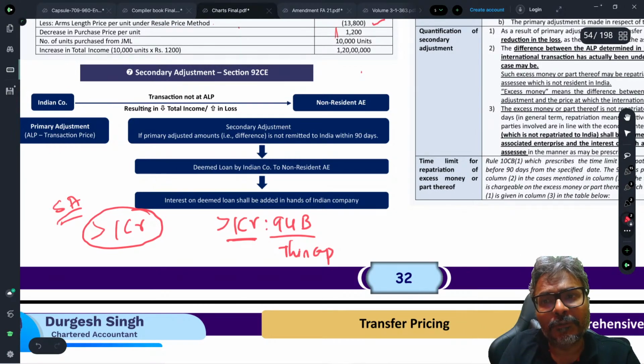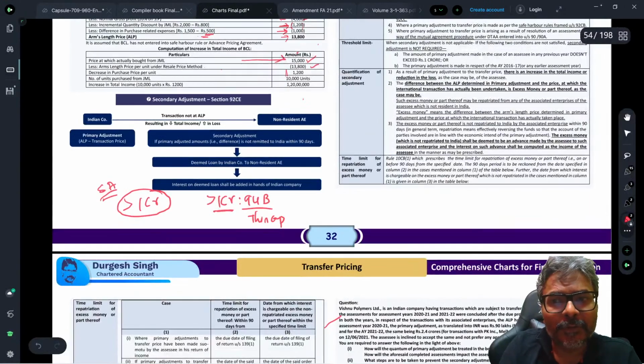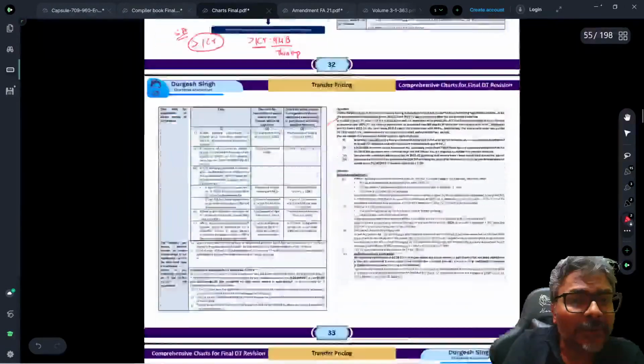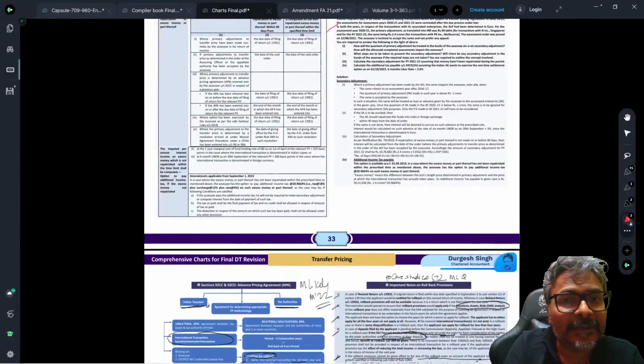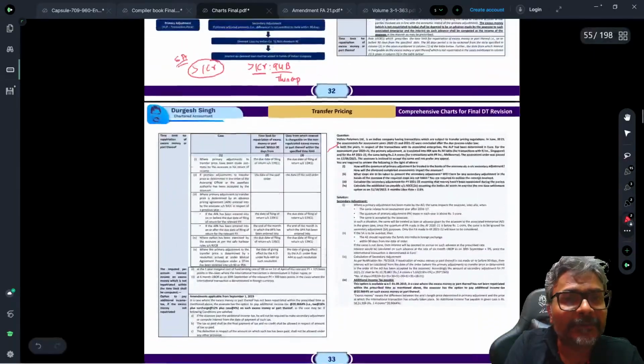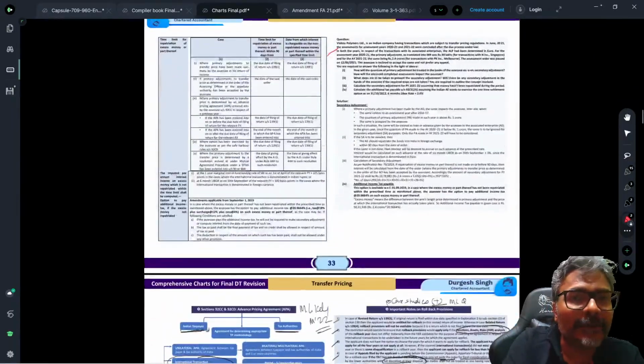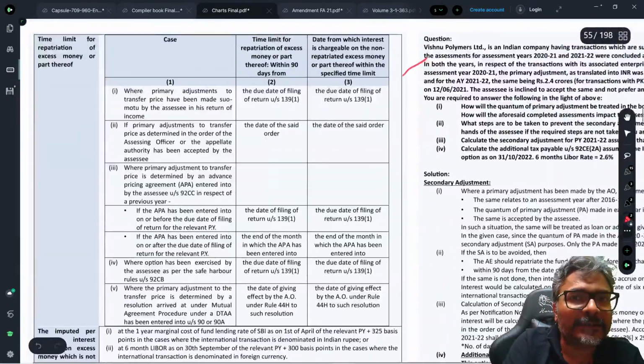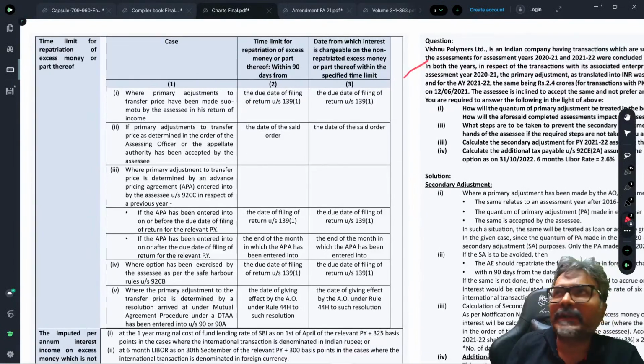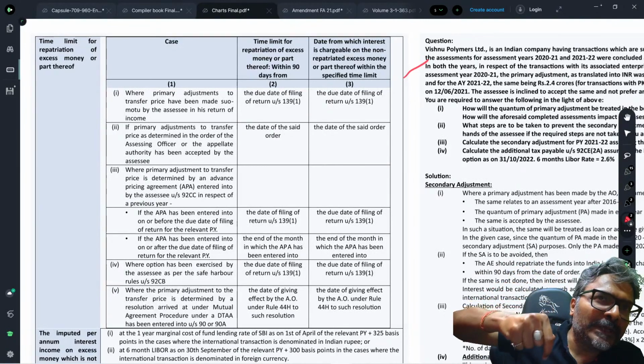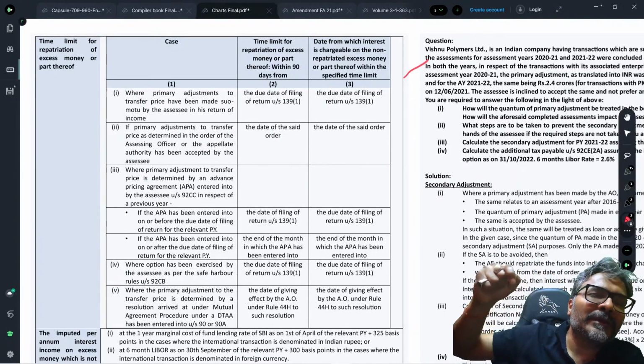So the question to all of you, students, is what are you going to do? Are you going to go with 1st April 2021 or 1st April 2022? You are all aware it has to be 1st April 2021. The first day of the previous year is what you should always keep in mind. So in this particular context, you will go with 1st April of the previous year.